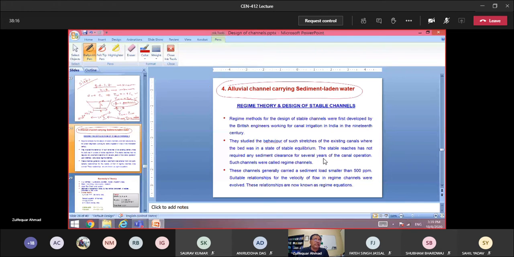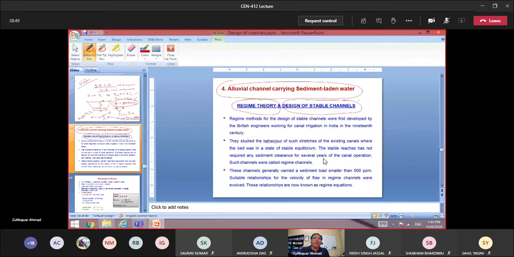Okay, but in this case we have to talk about the regime theory. So what actually the regime theory is and how that regime theory will be helpful for the design of the stable channels. So here we are talking about a channel which is carrying sediment laden water, and that is an alluvial channel. Okay, actually there are many formulations for the design of the stable channel of this type.